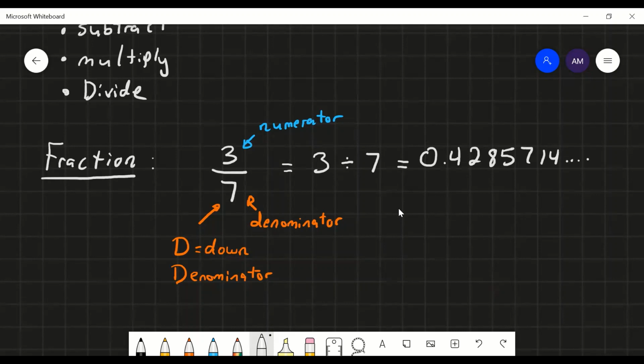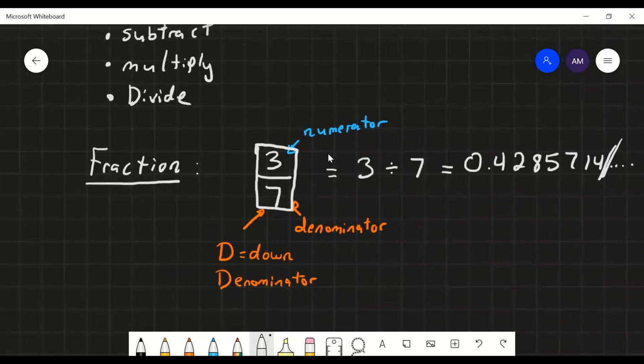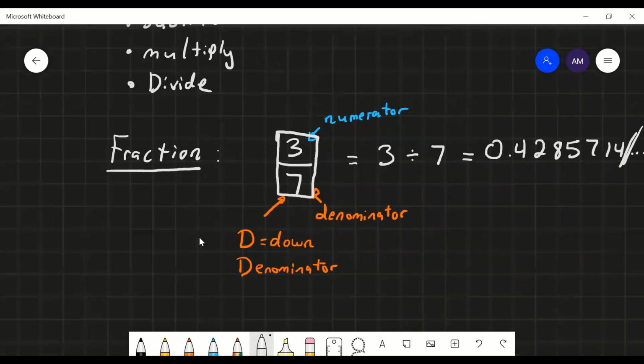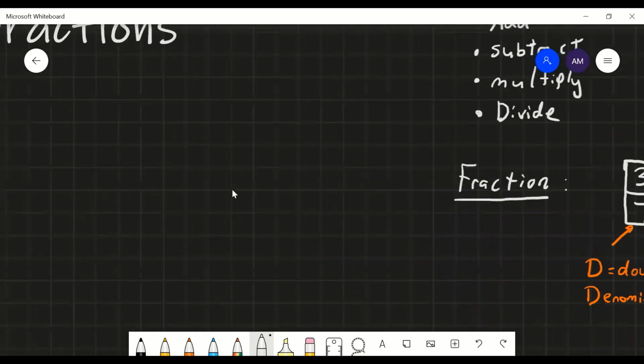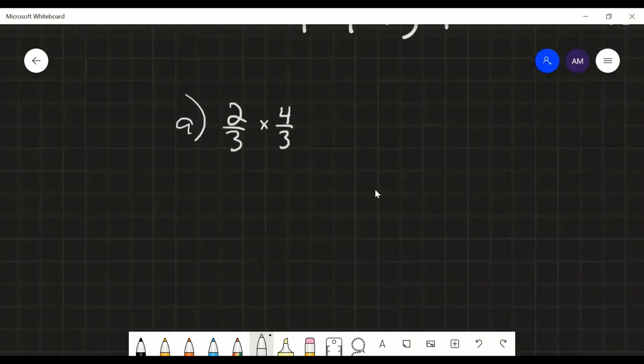It goes on. It might just be better to write it as 3 over 7. That way I don't have to round off the number at some point, so I'm not losing information. 3 over 7 is something we would call an exact answer because we can choose to be as accurate as we want with the decimal places. So again, all you have to remember is a fraction is a number divided by another number, and hopefully that'll make sense.